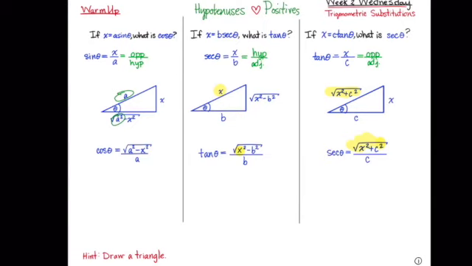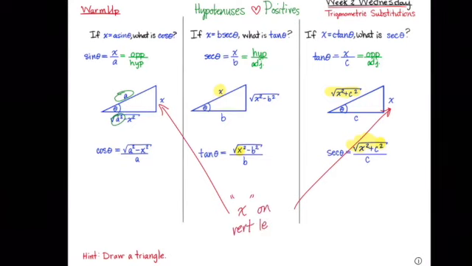The other trick or little hint that I'm going to tell you is that on the vertical, there's always an x on the vertical. So look, and there we have our x on the vertical leg.